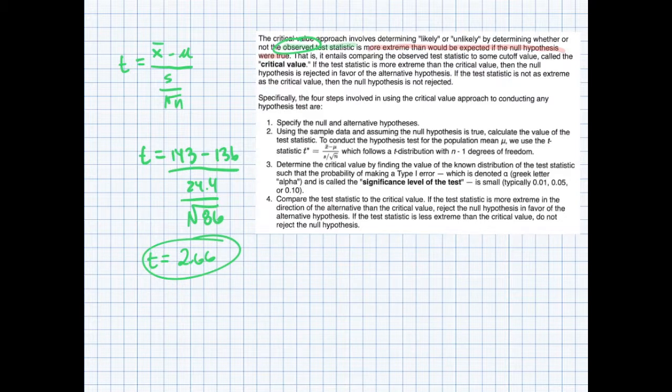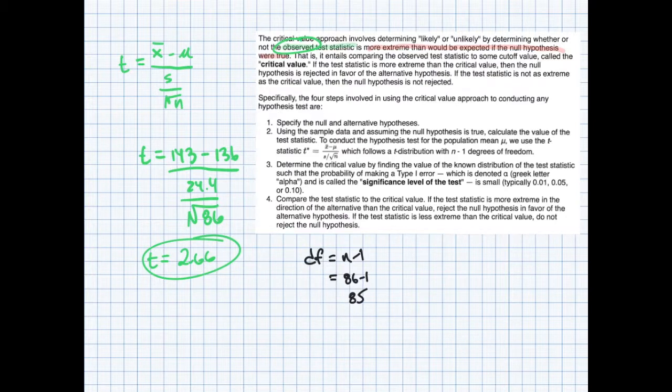The t-critical value is where we were looking before, at that last page in table 8.4 in the back of appendix A, where it gave us the percentiles of the t-distribution. Specifically, for this problem, we had 86 as our n. The degrees of freedom is n minus 1, so here it would be 86 minus 1, or 85.